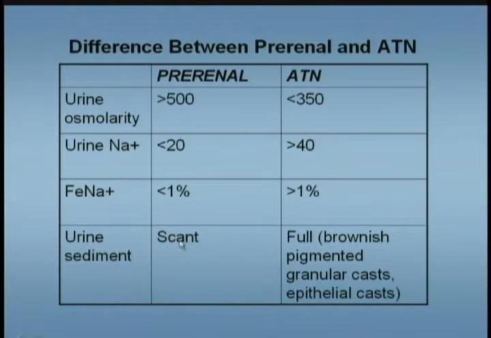Now, sediment, there's something that we didn't say much about before because it's the least useful thing. You see where it says muddy brown, pigmented, or granular casts? What are the pigments and the granules and the muddy brown casts?